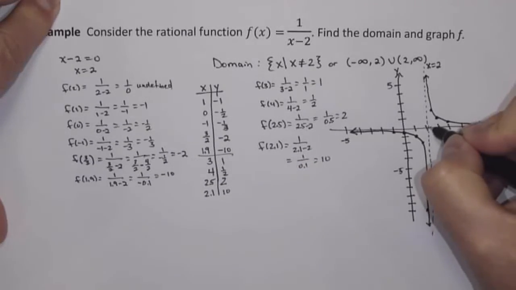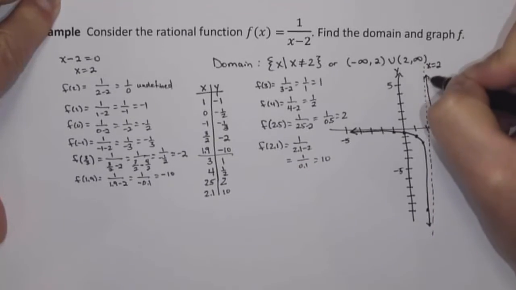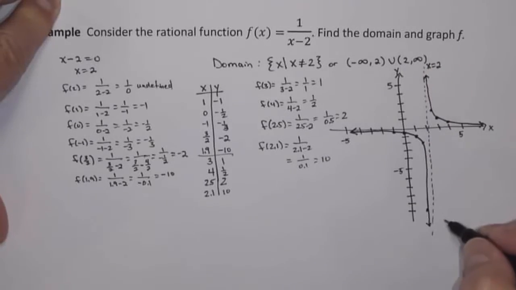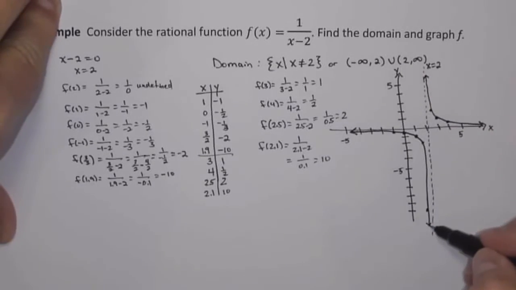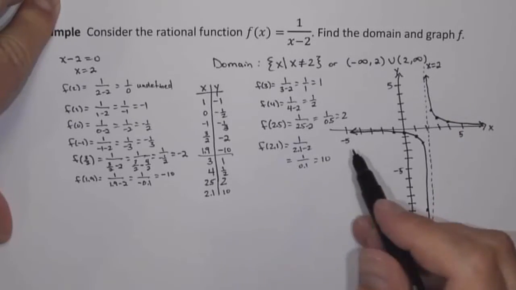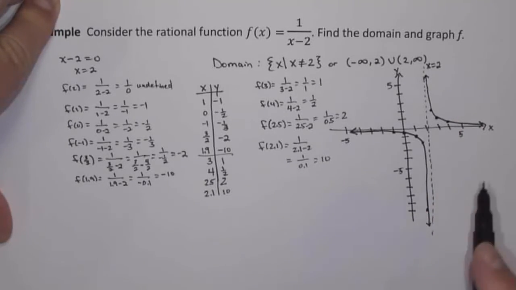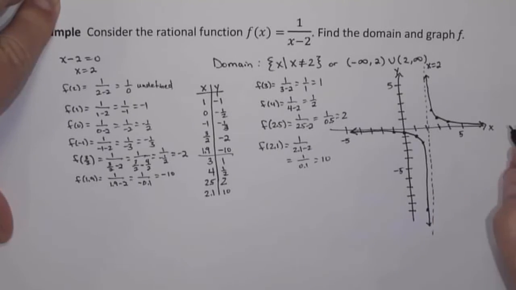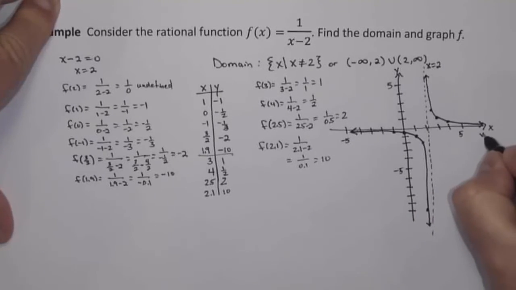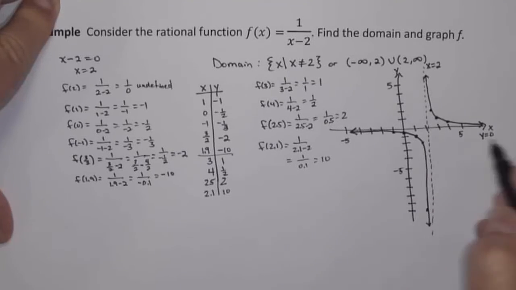So if I'm just barely to the right of 2, I go up really high. I go up to 10. So this graph looks like this. We have a vertical asymptote here at x equals 2, and we have a horizontal asymptote here at the x-axis, which the equation of the x-axis is the horizontal line y equals 0.